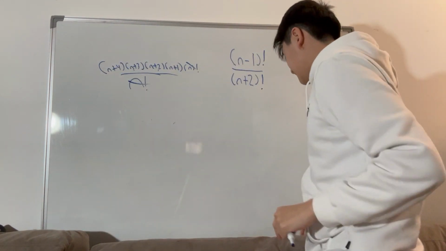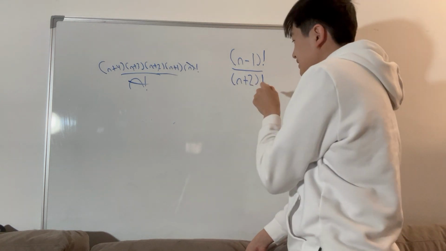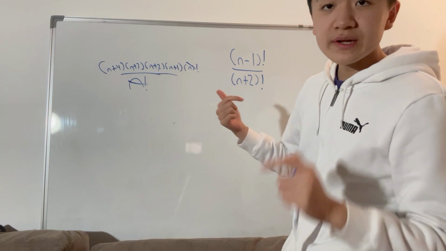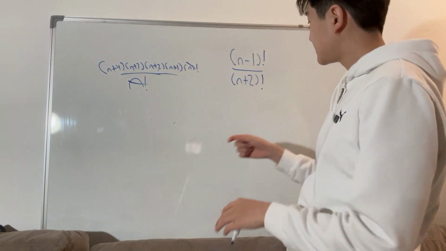So for this problem, n minus 1 factorial over n plus 2 factorial, we want to look at which side of the variable is bigger. Whichever one is the bigger one, we're going to subtract 1 each time to expand it out.